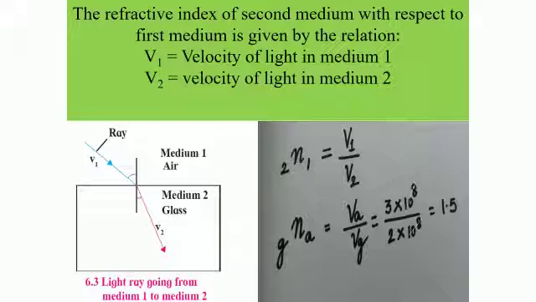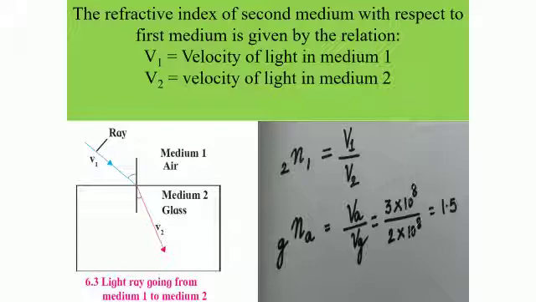The formula is shown there: refractive index indicated by small n, and you can see 2 is written on one side and 1 is written on the other side. It is to be read as the refractive index of the second medium with respect to the first medium, and that is equal to the velocity of light in the first medium upon the velocity of light in the second medium.